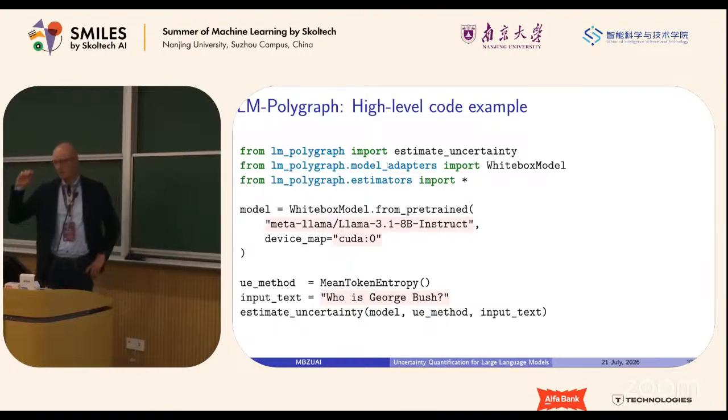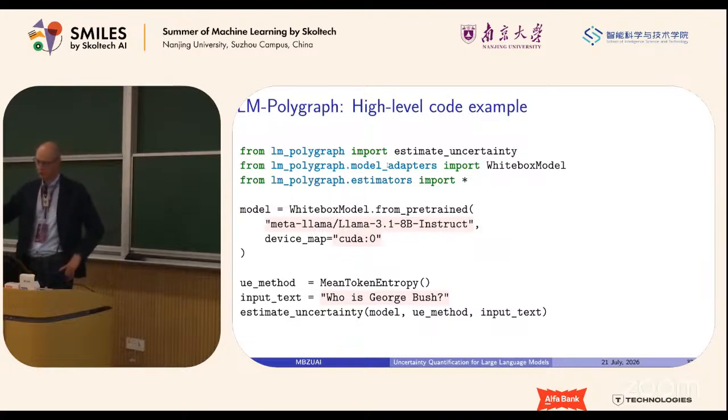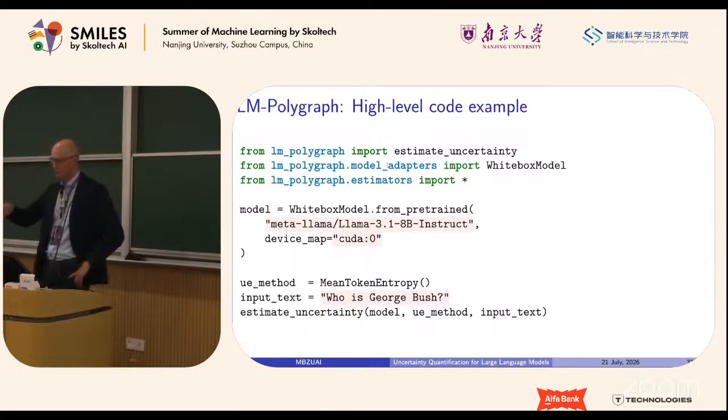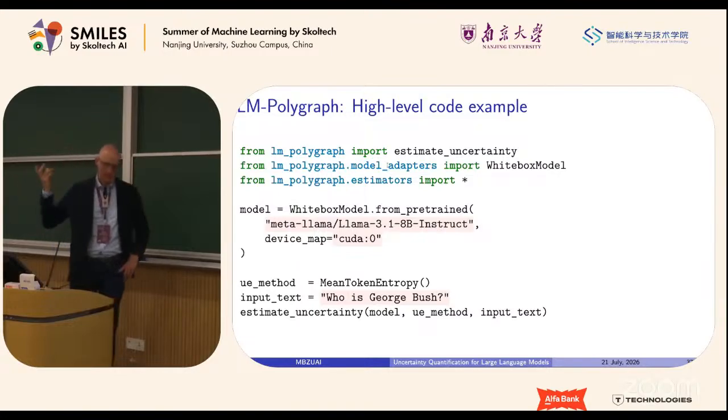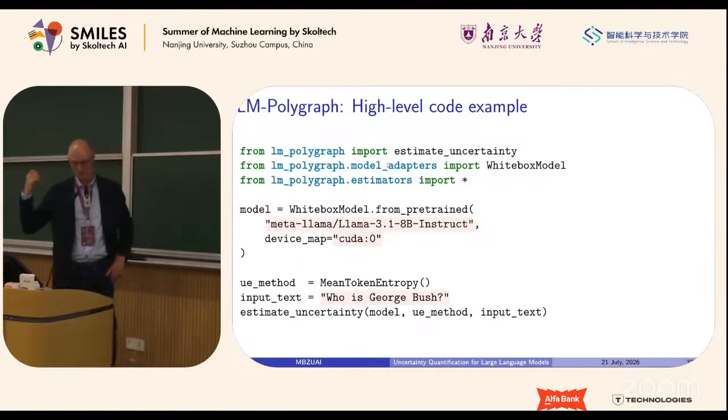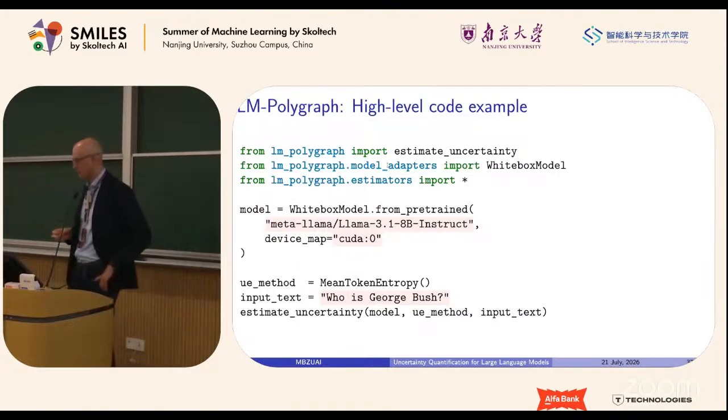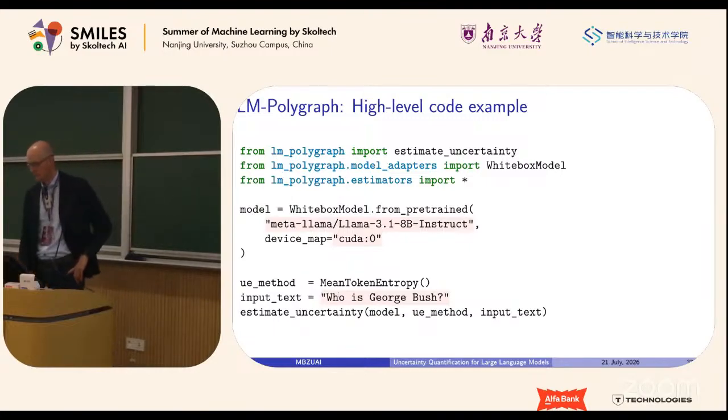By the way, if you want to follow the standard transformer inference API, there's also an even more natural way of integrating uncertainty within the class of your language model. So you can make it even simpler than this example.